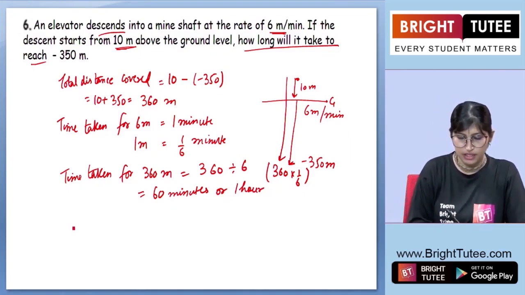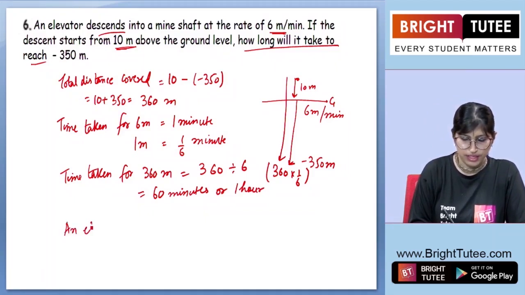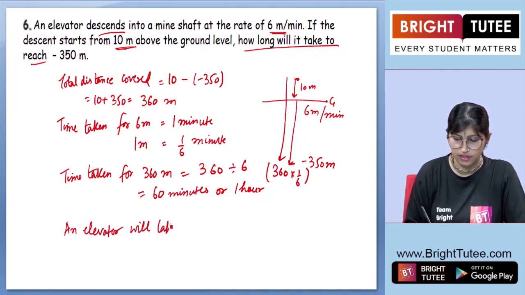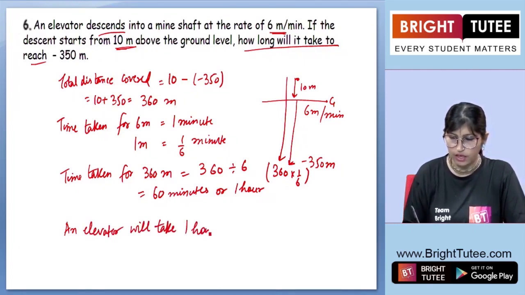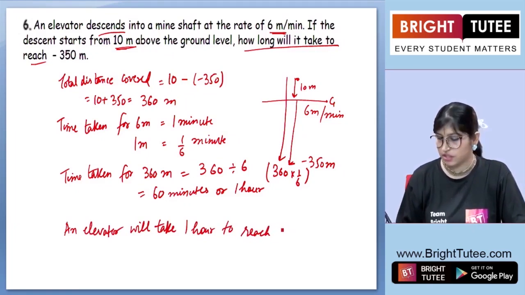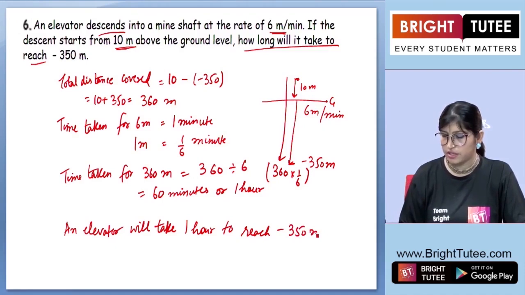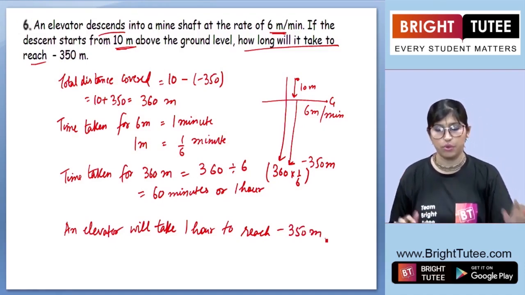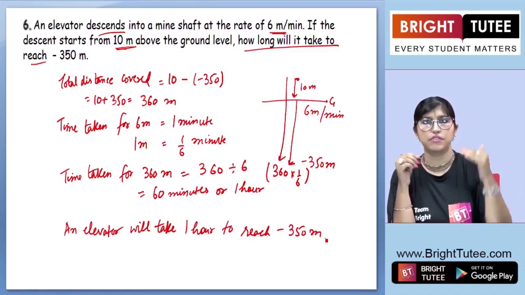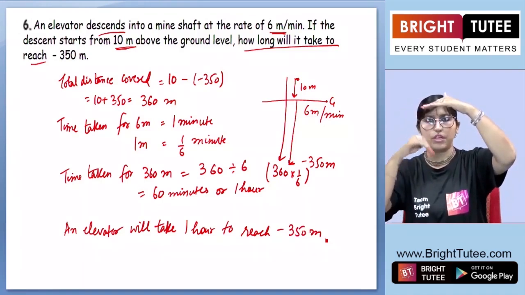So it means that an elevator will take 1 hour to cover the distance to -350 meters. What we actually did: we know that we started off at 10 and we moved down and down and down.